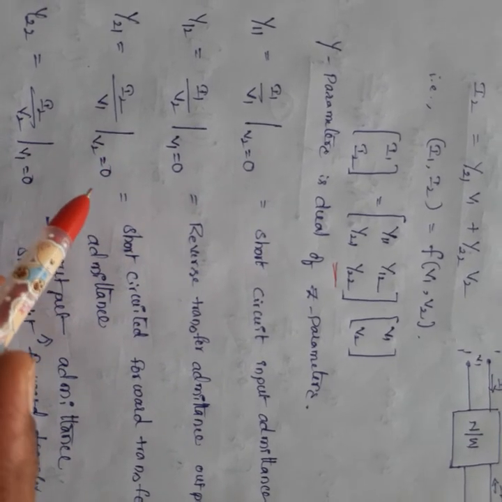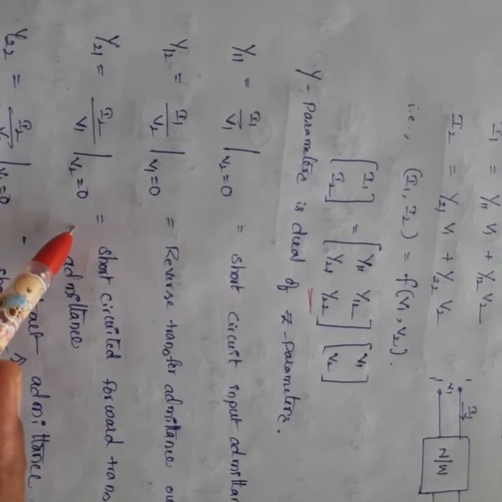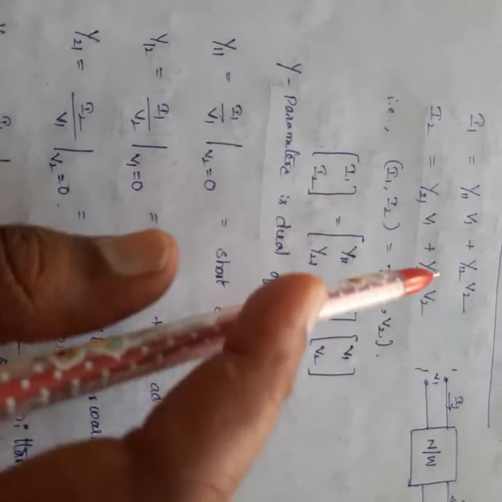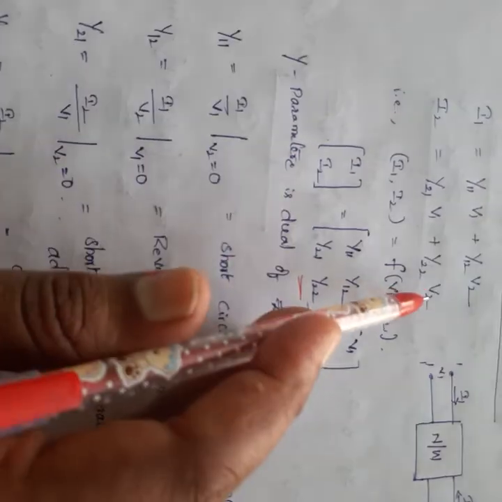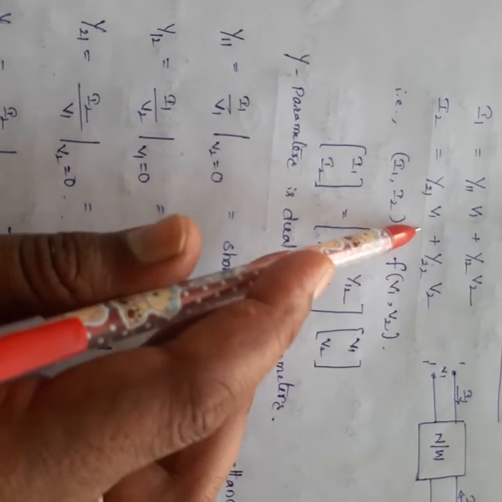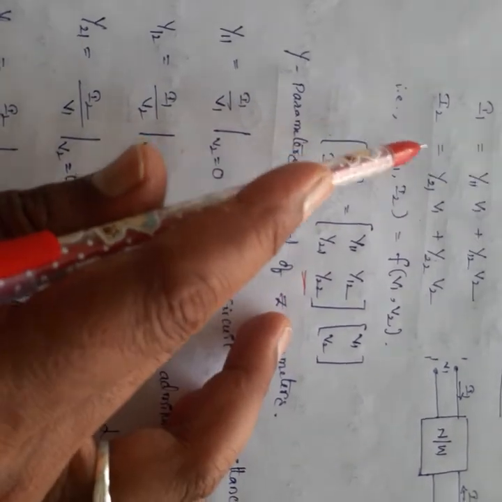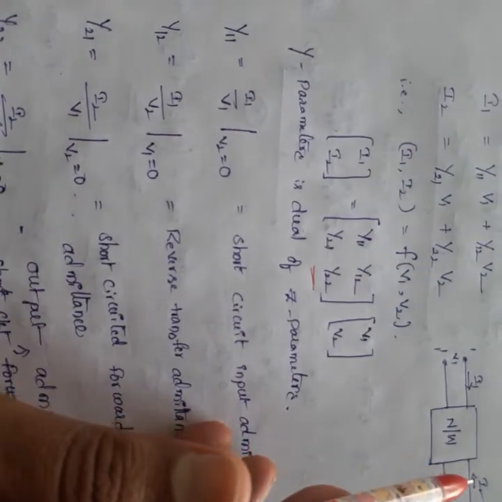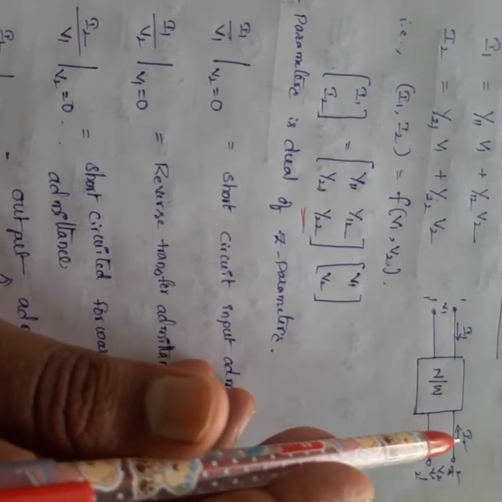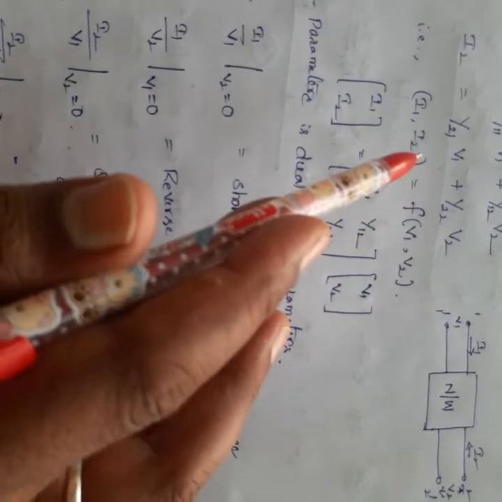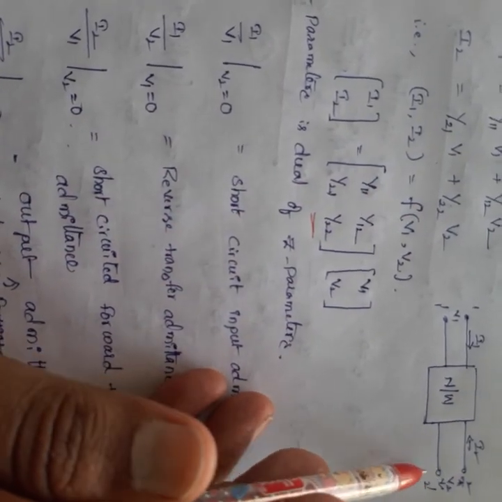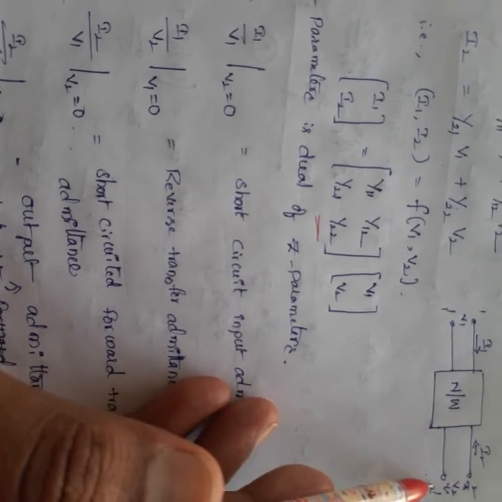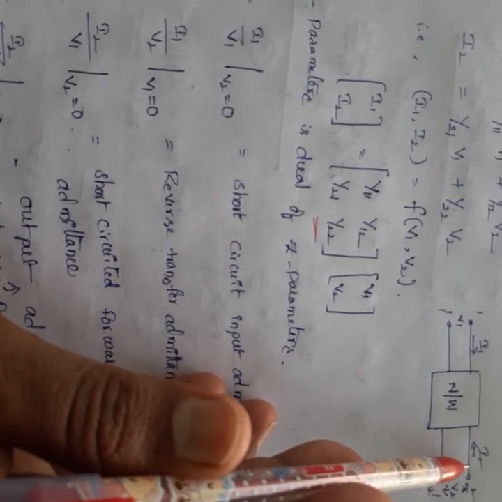Similarly, at V2 equals 0, from the second equation I2 equals Y21 V1, that means Y21 equals I2 by V1. Here I2 is the current in the reverse direction, with the short circuit at the output terminals.